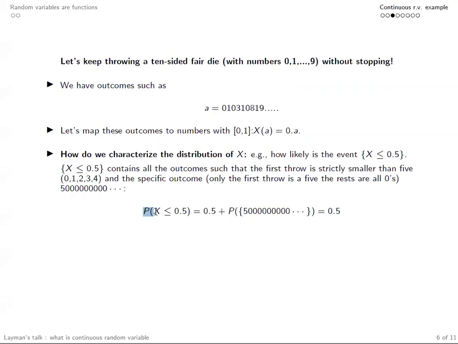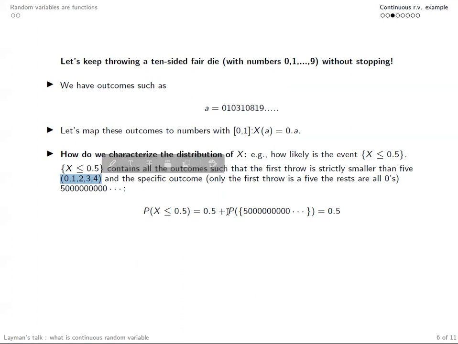Therefore, the probability of X smaller or equal to 0.5 will be the summation of the probabilities of these two mutually exclusive events. The first event is that the first throw is strictly smaller than 5. And we know for a 10-sided fair die, that's 0.5. Right? You have 5 possible outcomes out of 10 for the first throw.